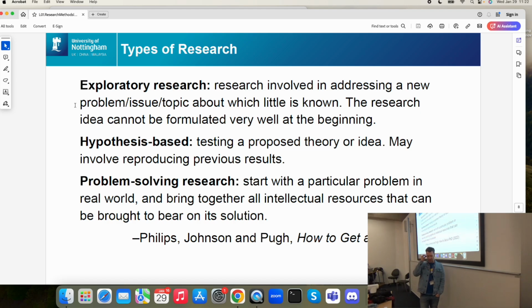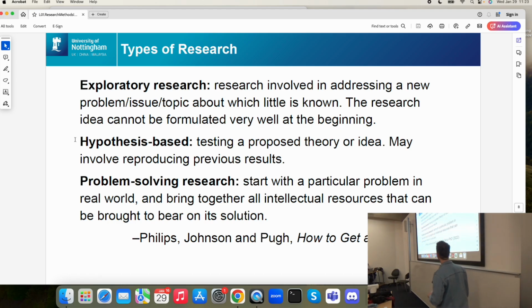For example, you might be thinking, I wonder if anybody has ever worked on this problem of trying to optimize the elevator algorithm, right? Elevators follow an algorithm, and you want to find out what people have done to solve this problem already. So you explore. The hypothesis-based research is more advanced, right?